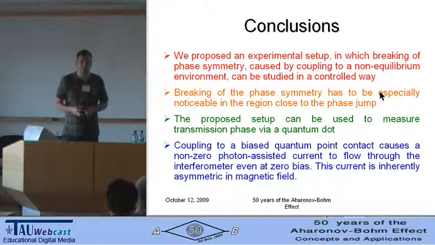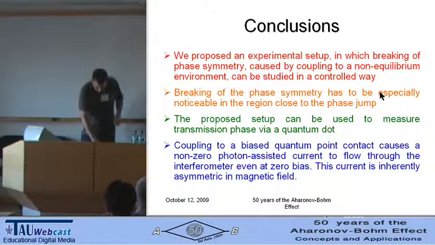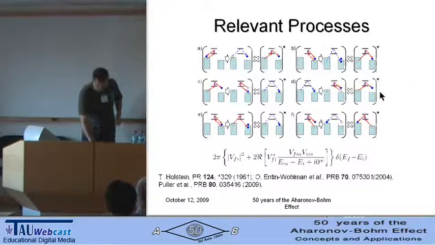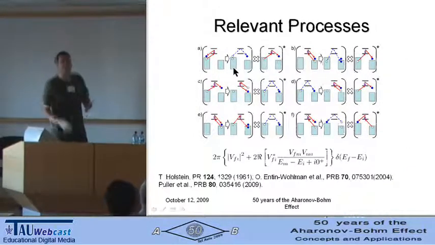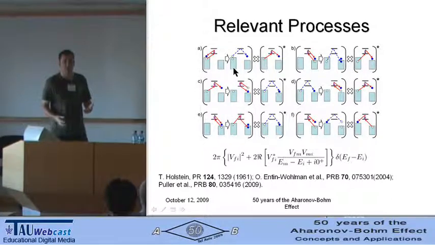Can you again, at the end you try to explain intuitively why this breaks the phase. Can you repeat it? Okay. So what happens is that you have to go to high order processes, right?